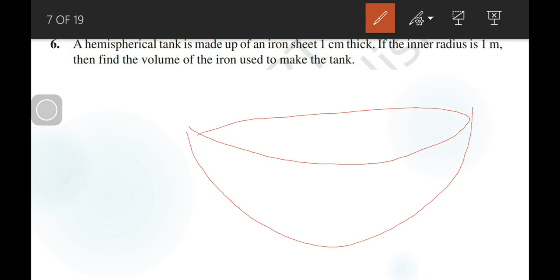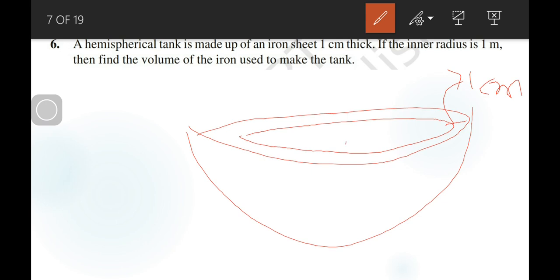Now it is made of iron sheet, so it has some thickness, of 1 centimeter as given here.